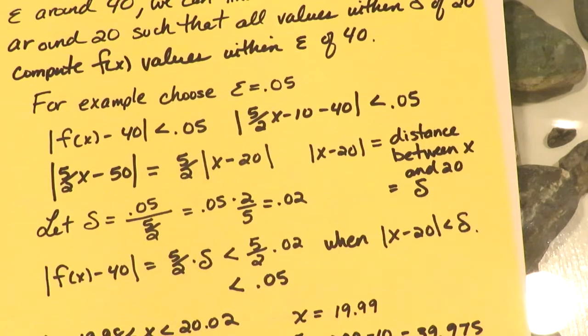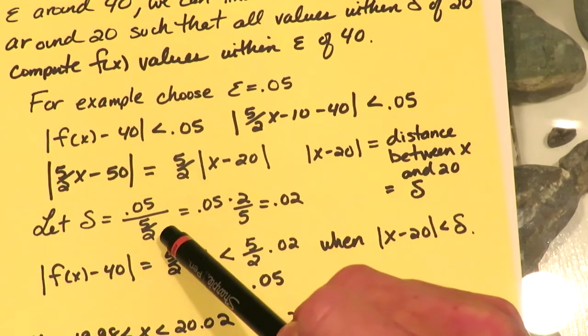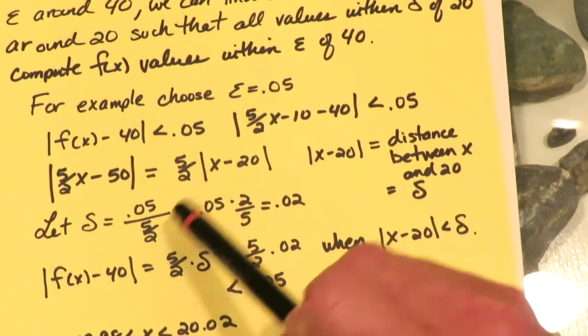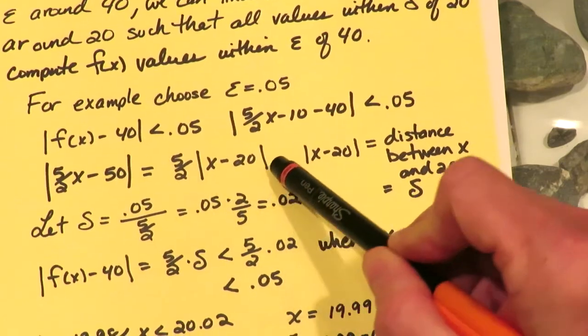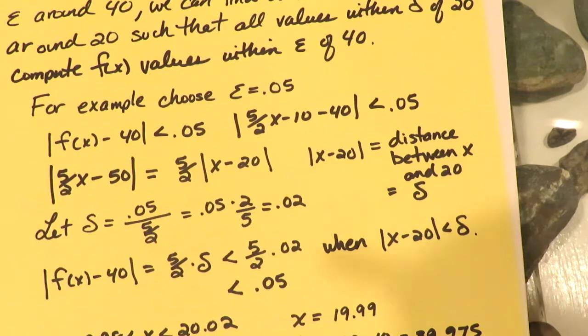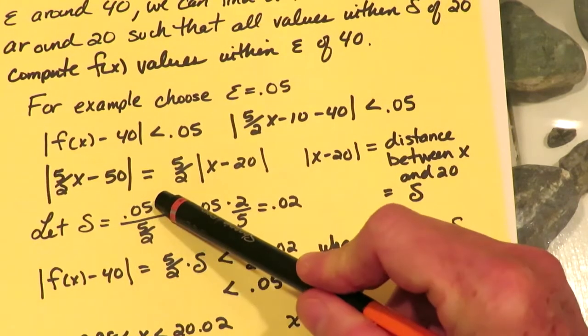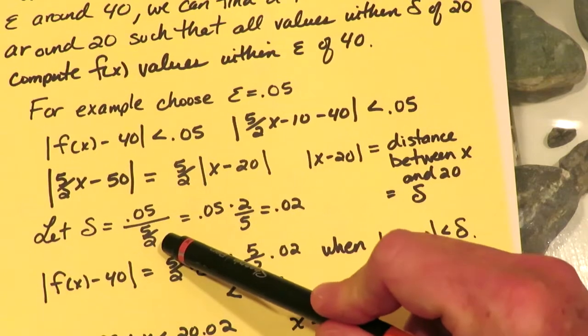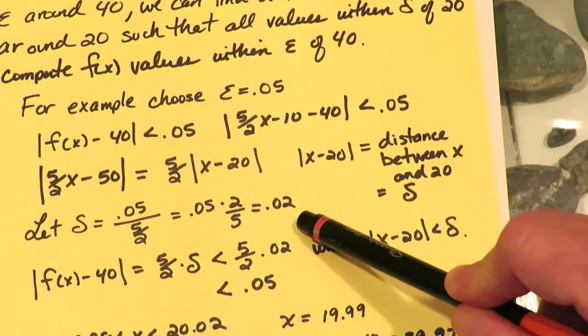So then let delta be 0.05 divided by the 5/2, because this is delta, this is 5/2, this is equal to the function minus 40, and we want that to stay less than 0.05. So that's where we're coming up with this, okay? We're dividing the 0.05 that we want the difference less than, we're dividing it by the factor 5/2. You get 0.02 for delta.